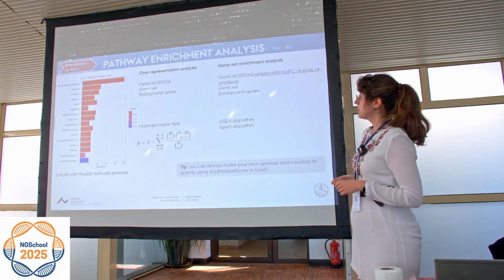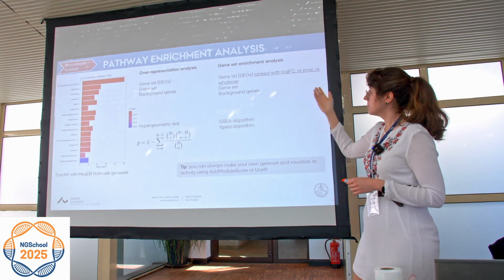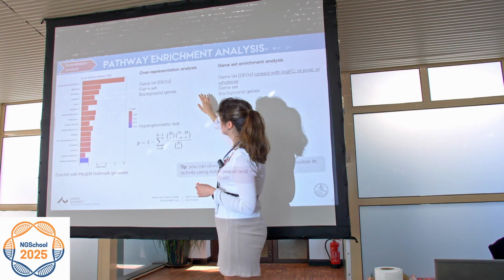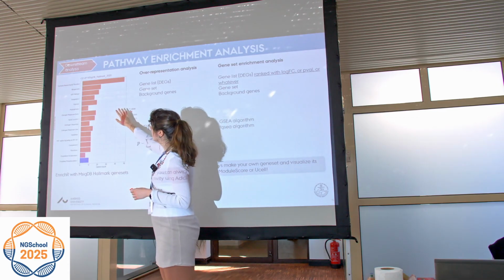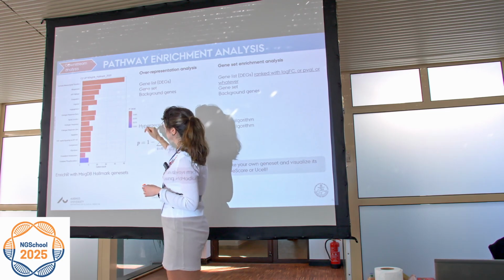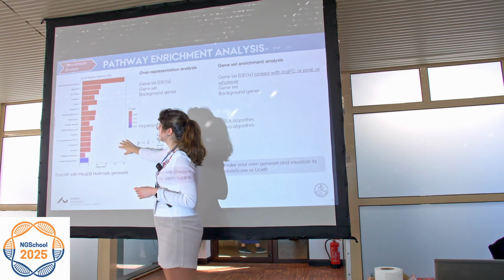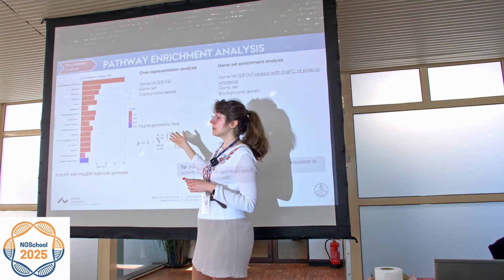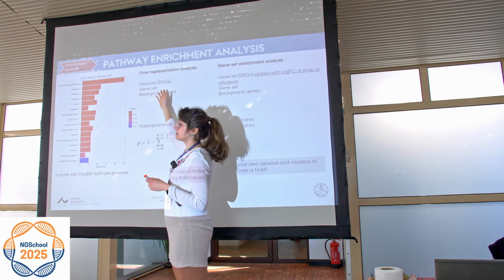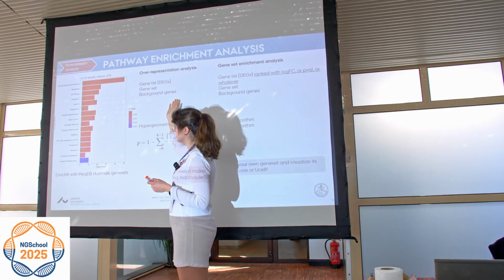So pathway enrichment analysis looks like this. You use a hypergeometric test to answer which pathways are overrepresented in your data. Of course, this approach is highly dependent on databases. Basically, you need to obtain some gene lists with particular molecular functions.